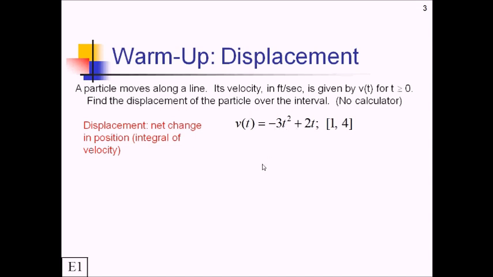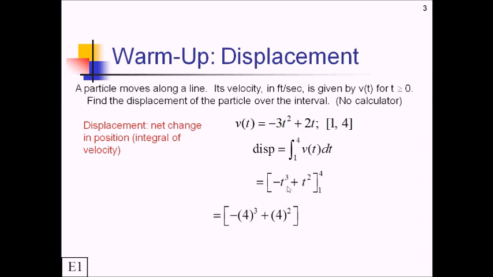So we're going to take the integral of v of t from 1 to 4, and now taking my antiderivative, because it's a no calculator problem, we have negative t cubed, if this bumps up to a 3 and we divide by 3, plus t squared, from 1 to 4. So that's all this stuff with 4 plugged in minus all this stuff with 1 plugged in.